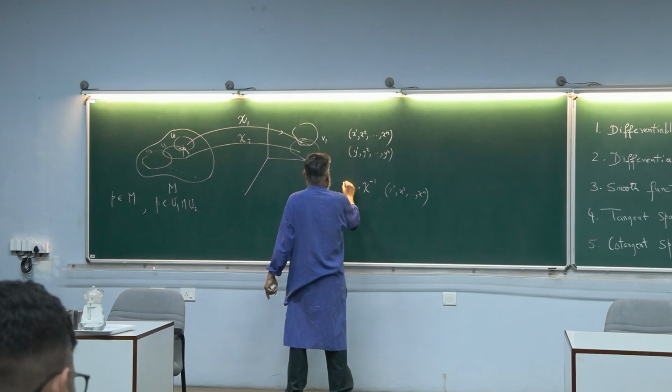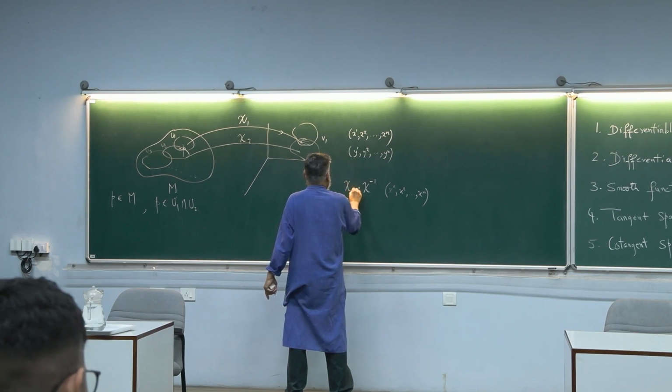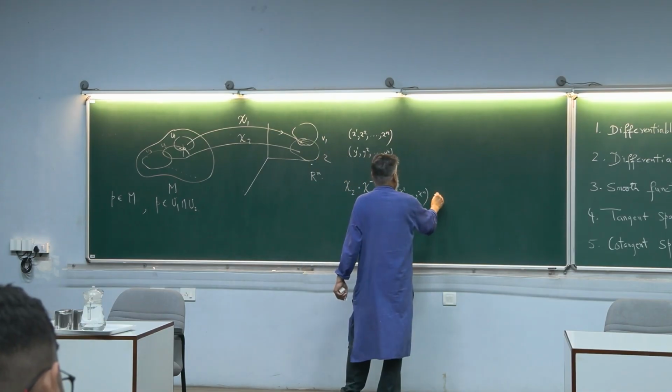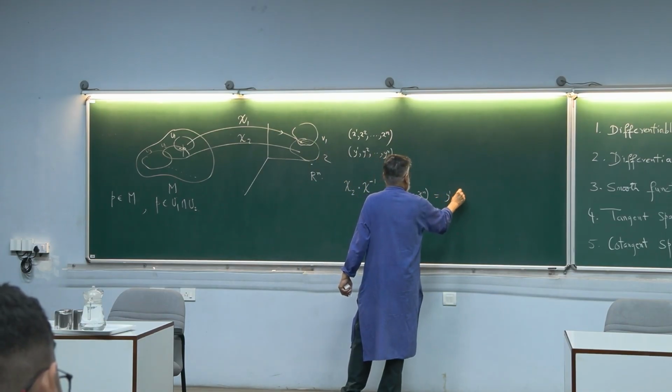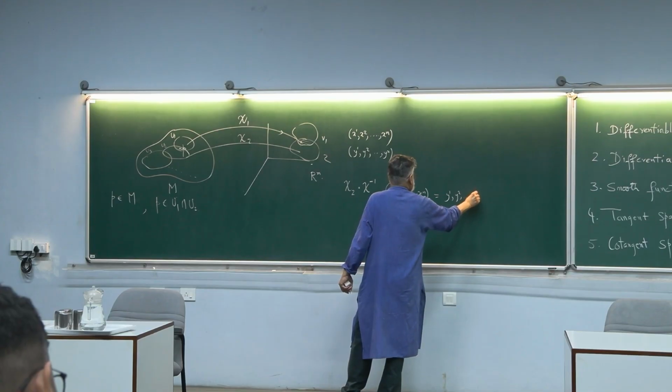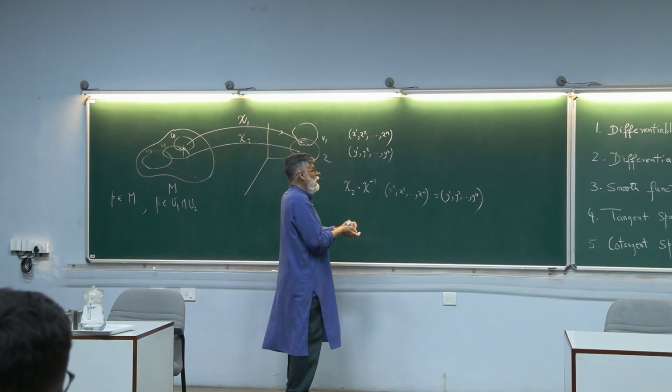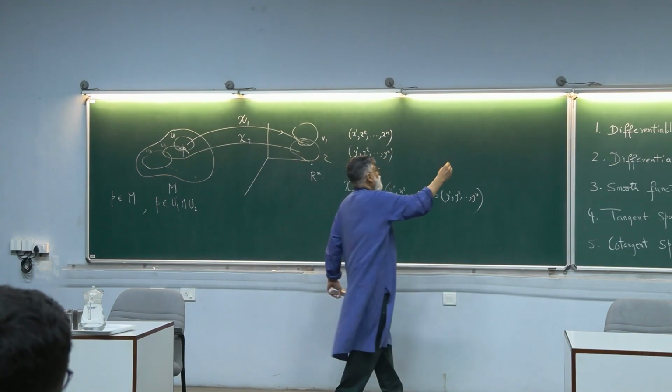So, chi2, the composition of 2 mappings, acting on this will give me y1, y2, yn. It is a composition of 2 functions. We remember the set theoretic definition of composition.